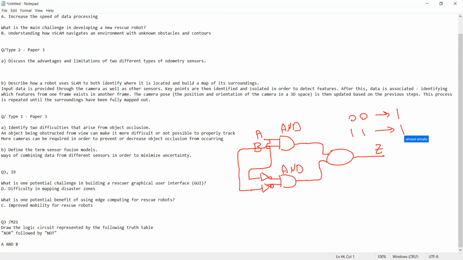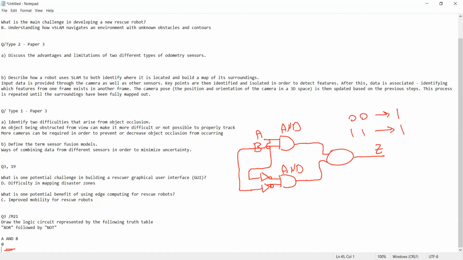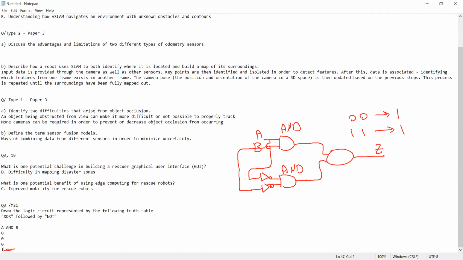So I would say yes, what you are thinking here is correct, because you should write a logic expression before you start to do that. But in short, this should be OR. The OR is always the one that collects different inputs for you.